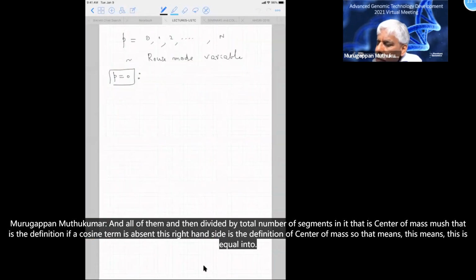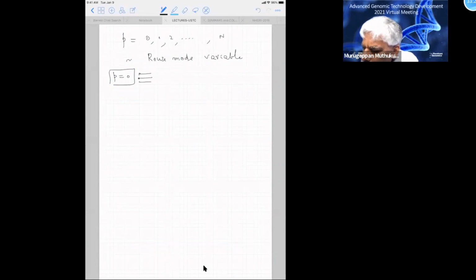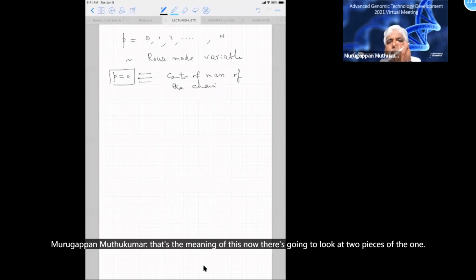So that means this is equivalent to center of mass motion. Okay. That's the meaning of this.